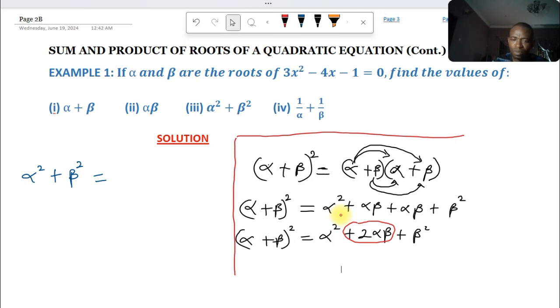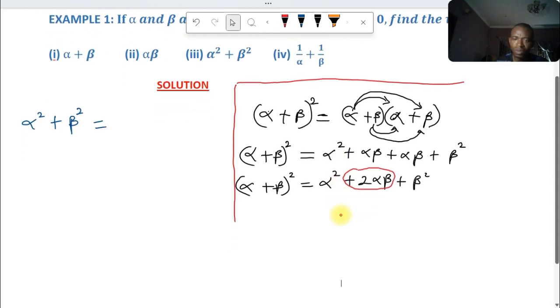So in that case, we have alpha plus beta squared minus 2 alpha beta. Then we are left with alpha squared plus beta squared.